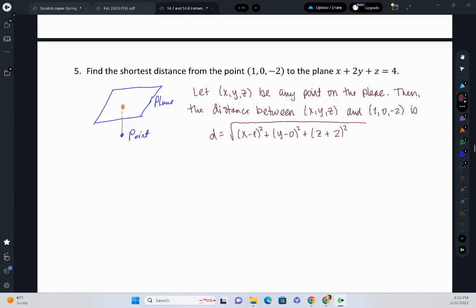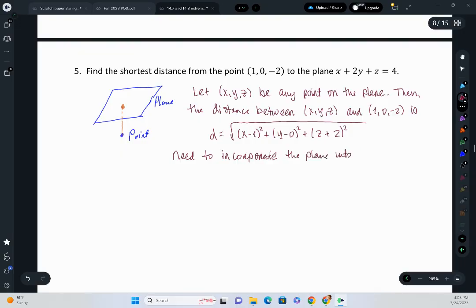Now, I need to somehow make it so my plane is taken into account. Right now, with x, y, z written the way it is, that's just like any old point in space. I need to somehow incorporate the plane into this distance formula. So I'm going to write that. Need to incorporate z into, or sorry, not z, the plane into the distance formula.